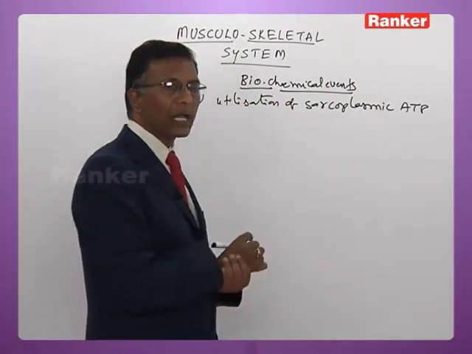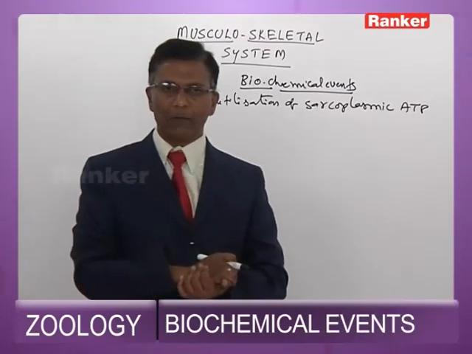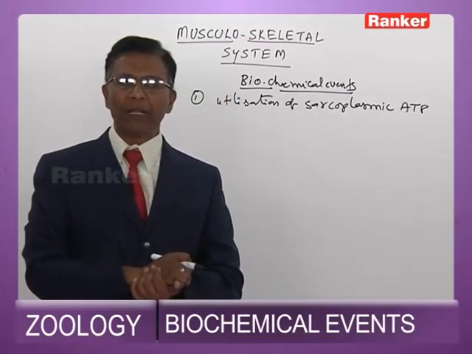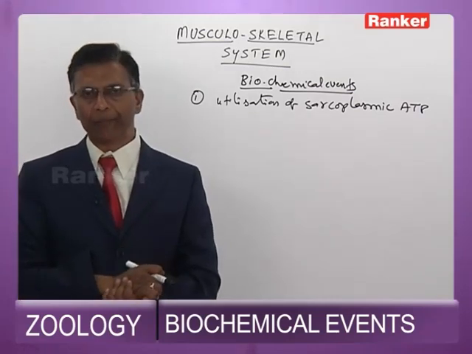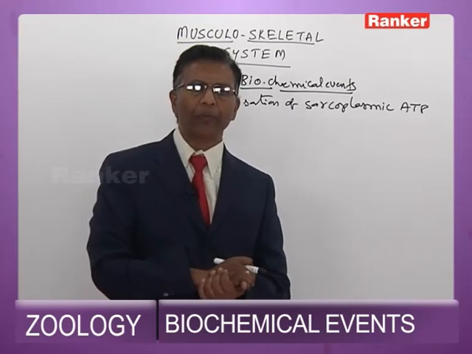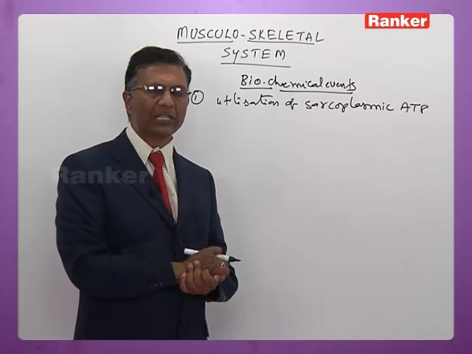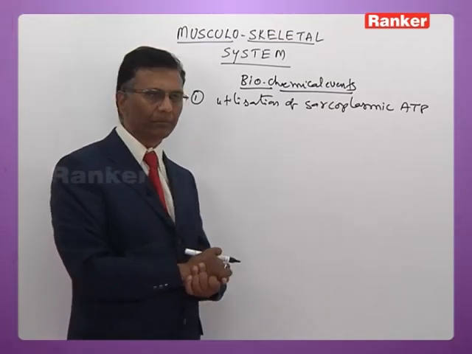The ATP present in the sarcoplasm is first used up by the muscle for the contraction process. When the muscle is made to contract vigorously, the sarcoplasmic ATP gets exhausted within no time. When sarcoplasmic ATP is exhausted, the muscle derives ATP from ADP.